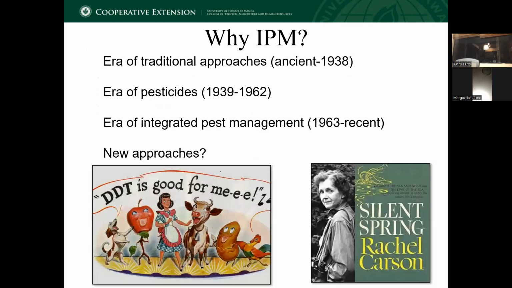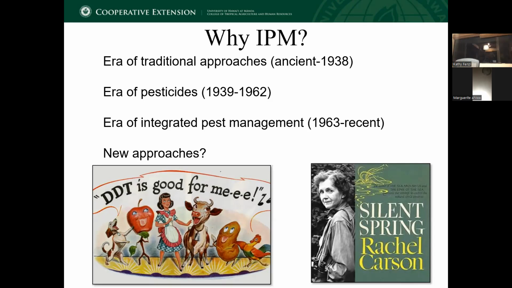And so why IPM? Looking back, there was an era of traditional approaches up until about 1938, which is what we might think of as natural or traditional management. Then starting in 1939, World War II, and through about the early 60s, we really entered the era of pesticides. This is that better living through chemistry, and there's an old commercial down here on the left, DDT is good for me.